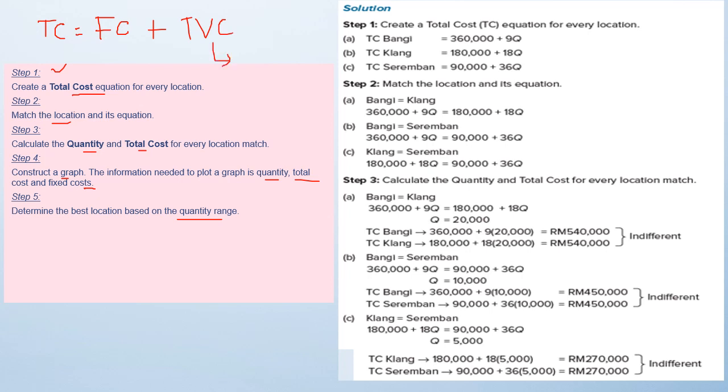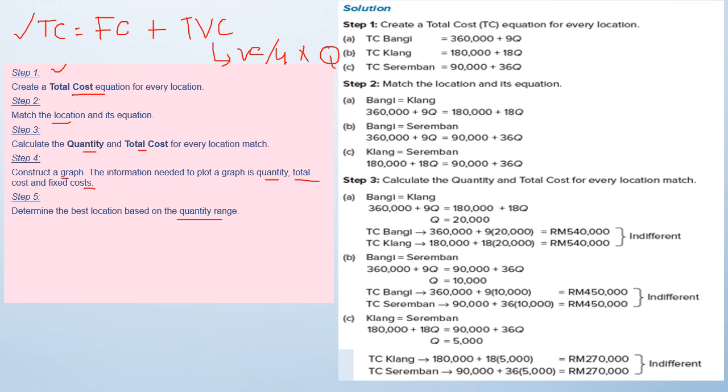Normally the total variable cost is not given in the question, so you have to do further calculation. Total variable cost equals variable cost per unit multiplied by the quantity. So this is the most important equation that we need to use.